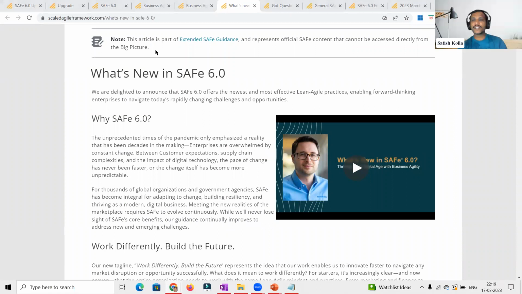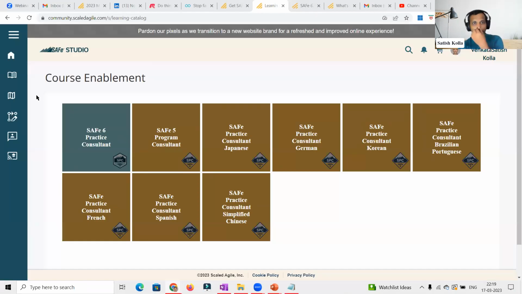And one common question which we are getting as part of the discussions is how to get the enablement for the 5.1 completed courses. So let me share my screen.